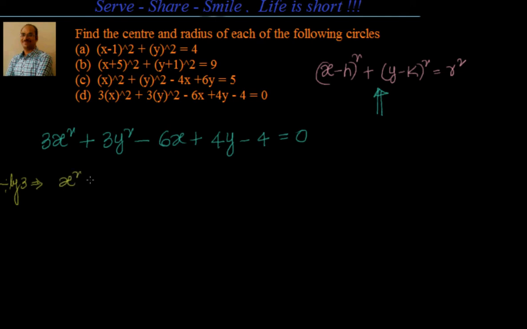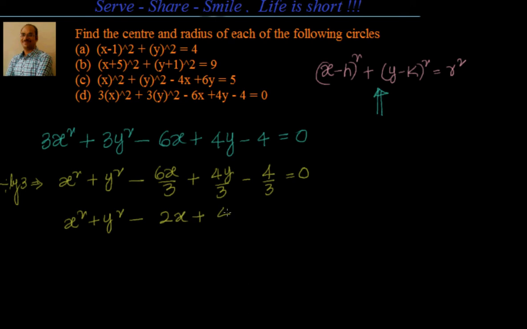I will have x square plus y square minus 6x by 3 plus 4y by 3 minus 4 by 3 equal to 0. Or can I say that's nothing but x square plus y square minus 2x plus 4y by 3 minus 4 by 3 equal to 0.